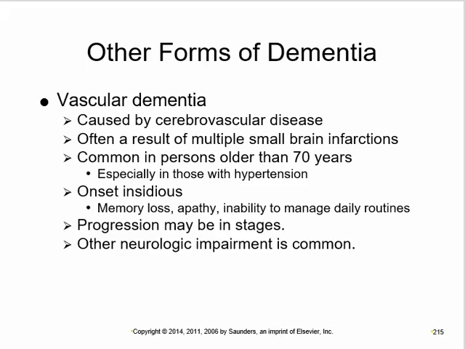So it kind of was in stages. And it was rather insidious. We didn't really notice at about the time of her retirement party, she was starting to repeat herself a little bit, but nothing. Within 4 or 5 years, it was like you were dealing with a toddler, and it was definitely vascular dementia.